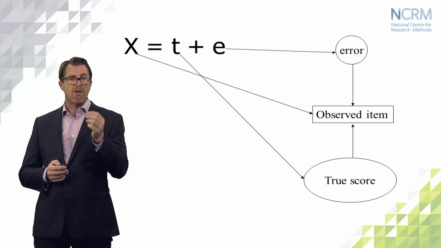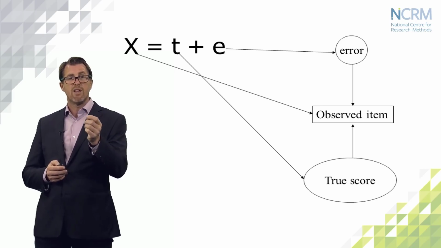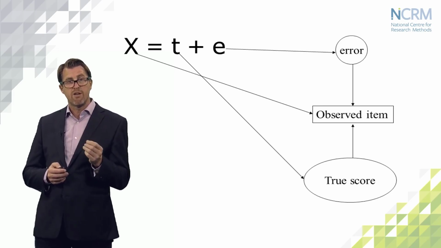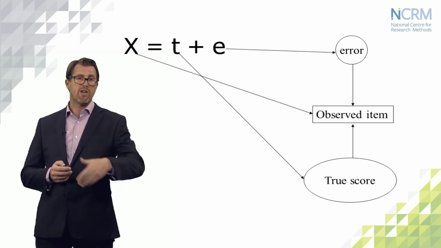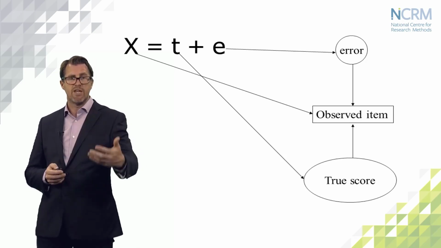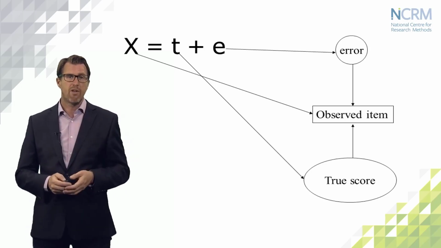And the arrows indicate that the observed score is caused by both the true score, the latent variable, and by other factors, the error. So we can encapsulate those ideas in this simple path diagram.